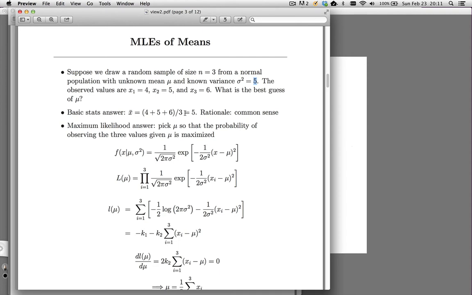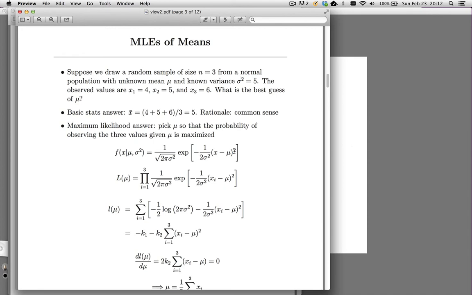So remember what maximum likelihood says. We want to pick the unknown parameter. In this case, the only unknown parameter is mu, so that the likelihood of observing the 3 values is as large as possible. All right, so recall that the PDF of a normal distribution, so we've been told this thing is normal, the PDF is this expression.